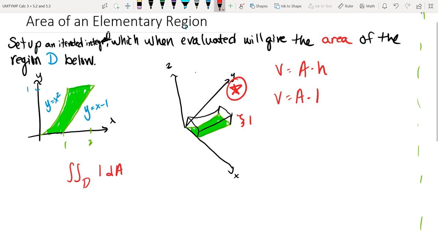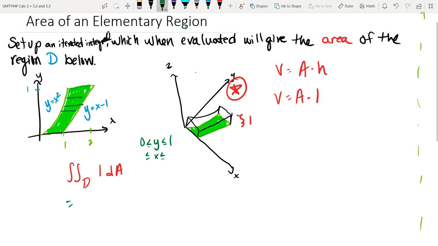We can say this is an elementary region, and if we set this up as a type 2 region, it might be easiest. We could set it up as type 1, but I'm going to do type 2. If I do that, with a type 2 region we have to restrict y. So y is between 0 and 1, and then x has to be bounded between two functions, and it's precisely those two functions.